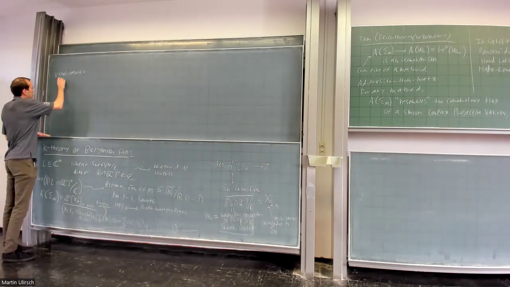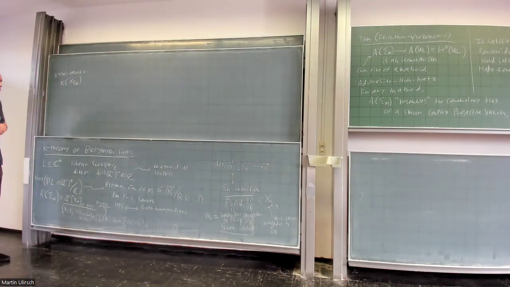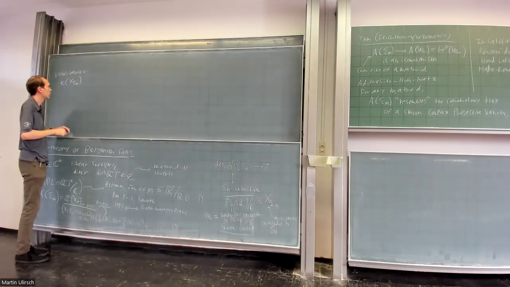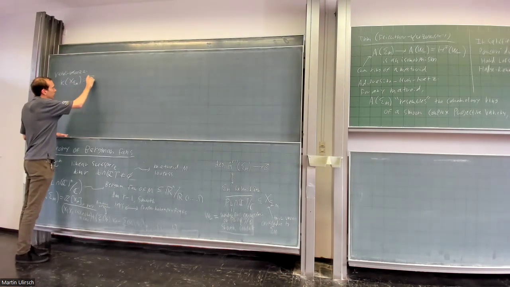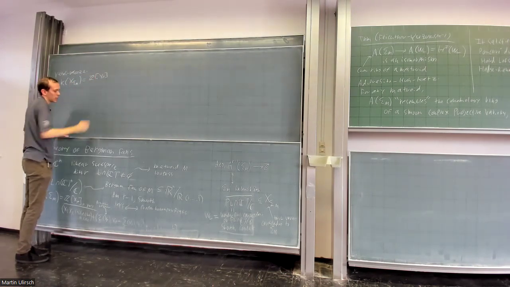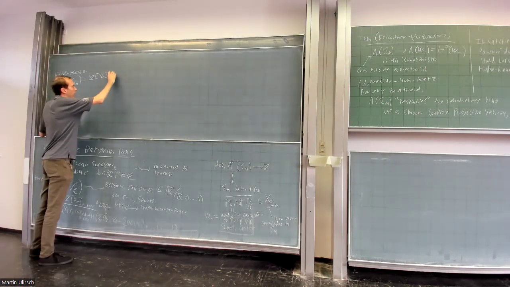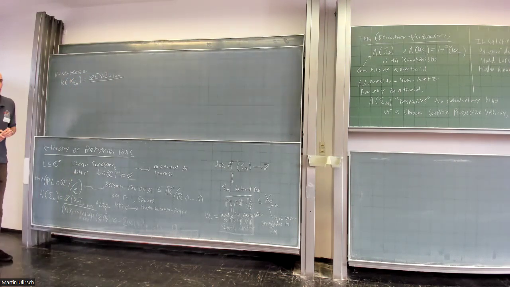So what they showed is that the K theory of this Bergman fan has a presentation that looks like this. As with the Chow ring, you have one generator for each ray. This generator is going to correspond to the structure sheaf of the corresponding divisor.